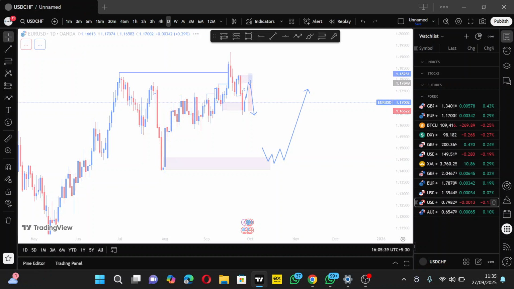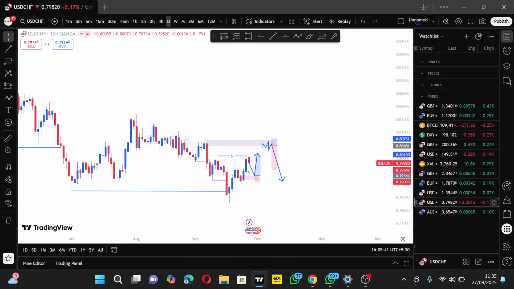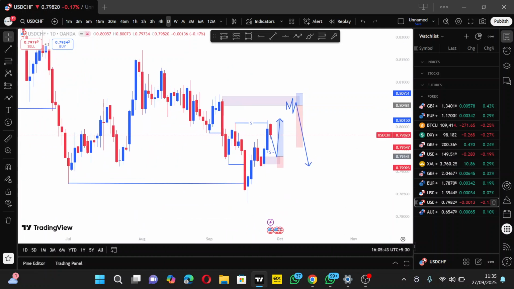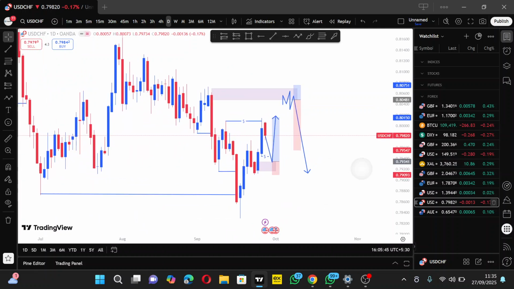USD/CHF, okay. What area is that? Let me know. What area are you seeing?